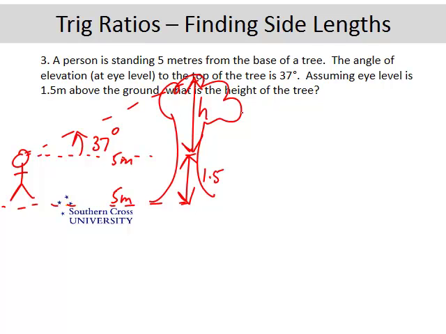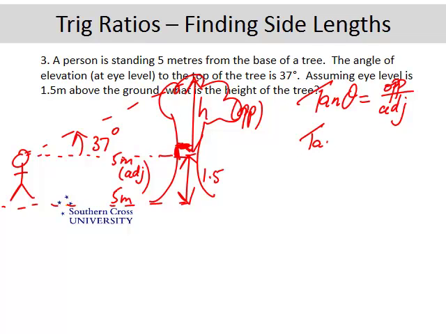So just looking at this, we have a right angled triangle. It's a bit messy, and this side here is the opposite and this side here is the adjacent. So we're talking about a tan ratio. So tan theta is equal to opposite over adjacent.